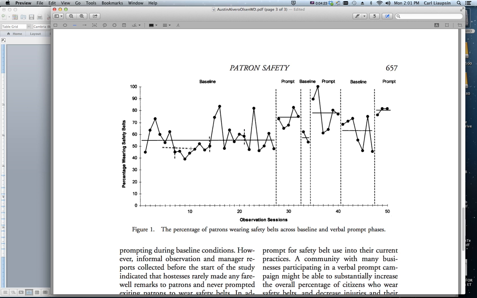I think it'd be fair to say that it's fair and generous. 1, 2, oops, we're going to go this way from the bottom. 1, 2, 3, 4, 5, 6, 7. So if we draw a line connecting these, you can see we have what looks like an accelerating trend.